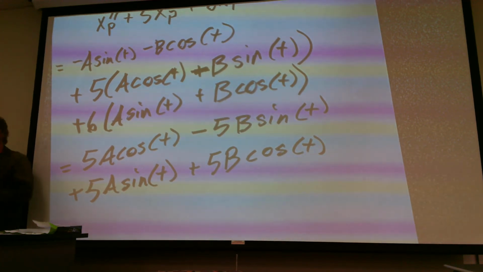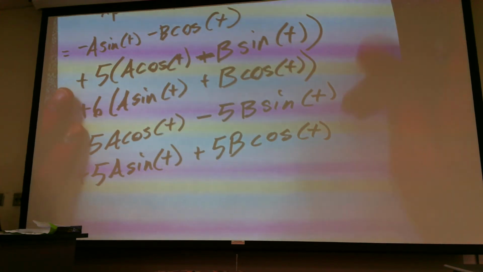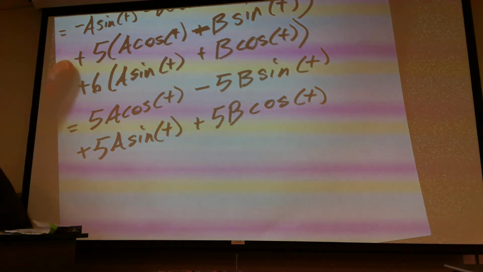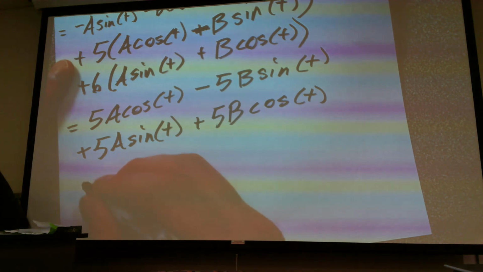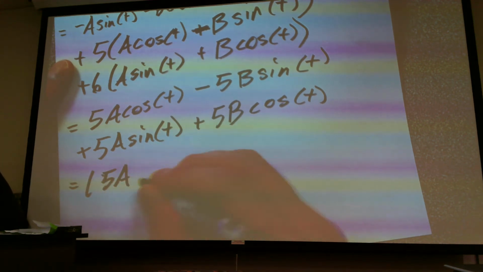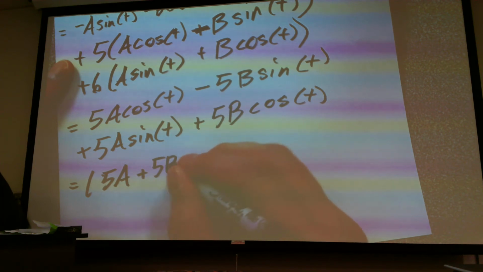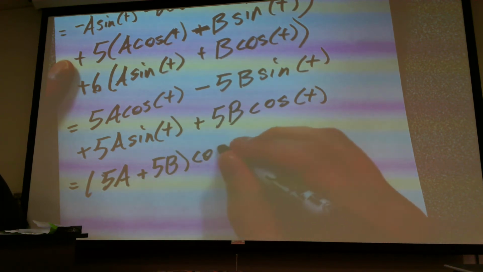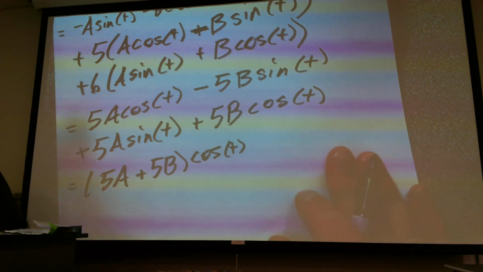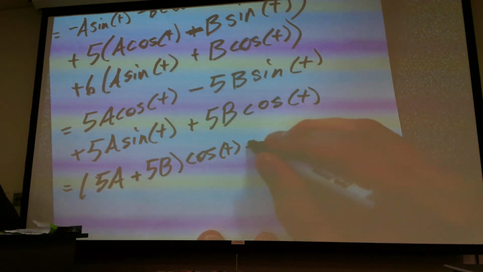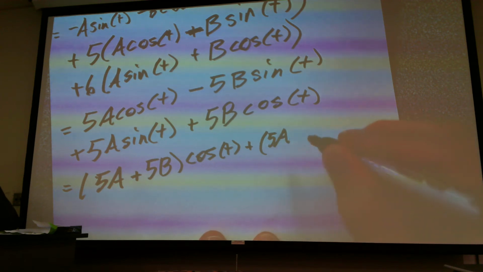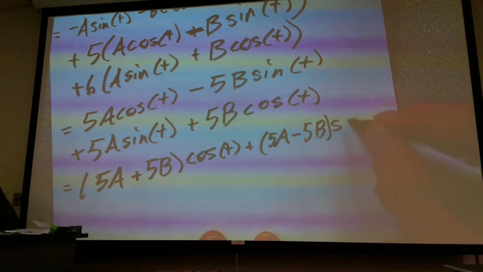Now I can combine them further. So that would give me 5a plus 5b times cosine of t, and plus 5a minus 5b times sine of t.